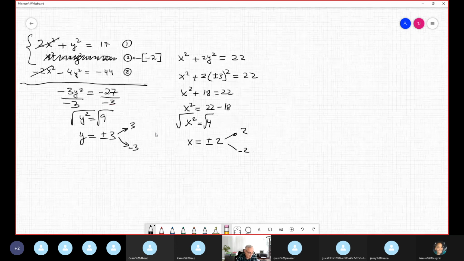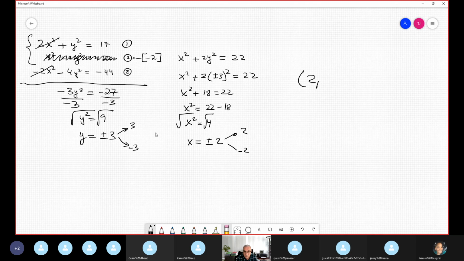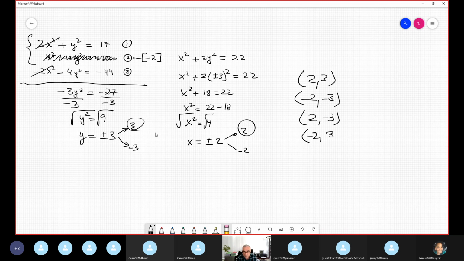I suppose that the solution is (2,3), both components positive, I take this and this. Both components negative, and their combination, positive and negative, negative and positive. Sure, x is 2, 2 and 3. Positive, no? We have 4 points.